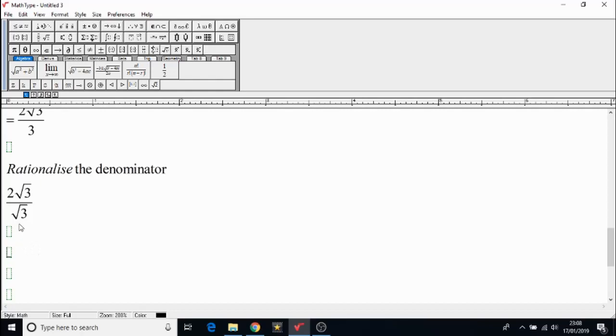Same process, except this time the numerator has a root 3 in it also. Equal to 2 root 3 over the square root of 3 multiplied by root 3 over root 3. So now we do the same process.